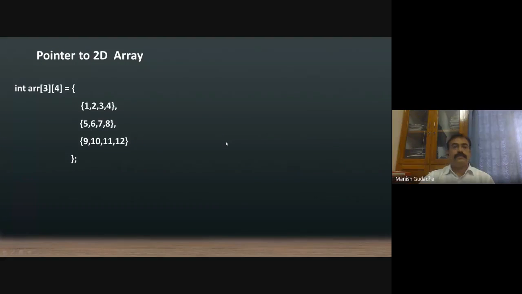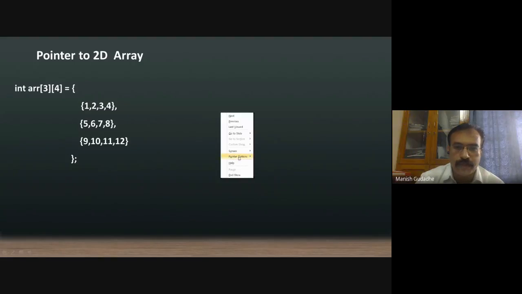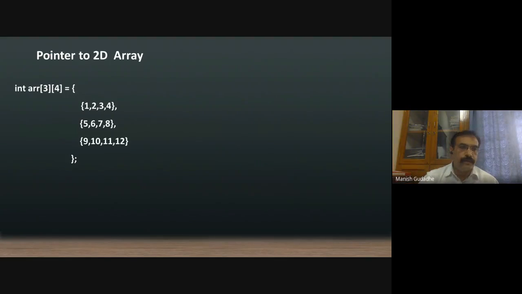Pointers to a 2D array. How can we declare a 2D array? We can declare a 2D array in this way, and also I can declare an integer pointer p, which can be assigned the address of the array.